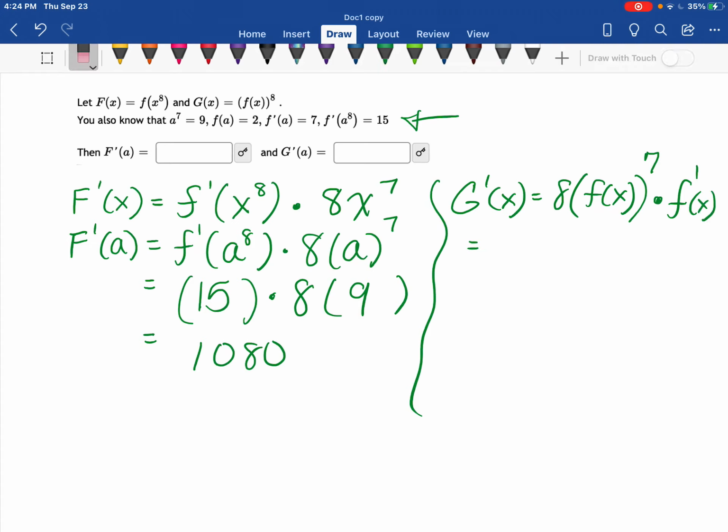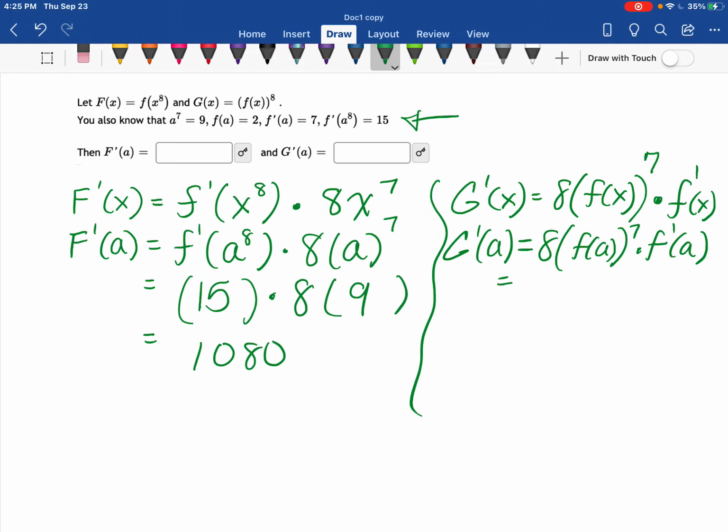Now, when I want to evaluate this at A, everywhere I see x, I'm going to plug in A. So I have 8 times f of A to the 7th. When I look at the information that's given to me in the problem, I see that f of A is equivalent to 2.